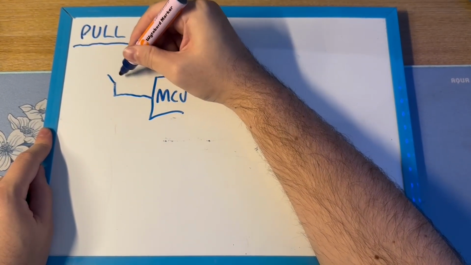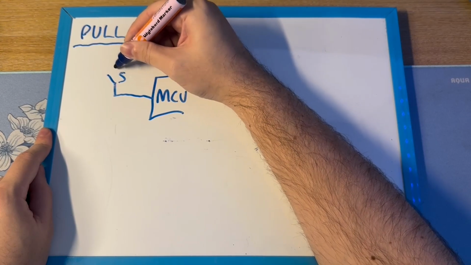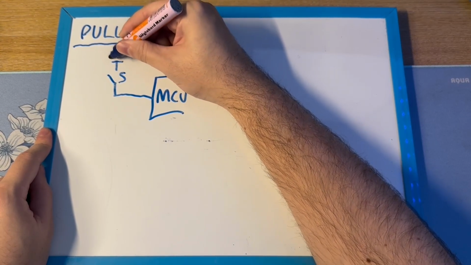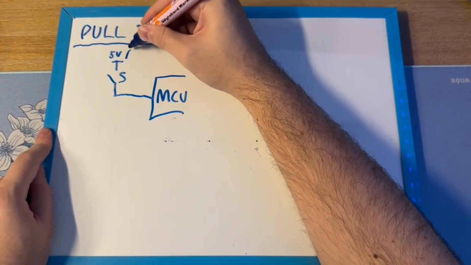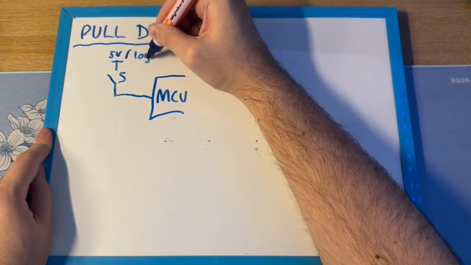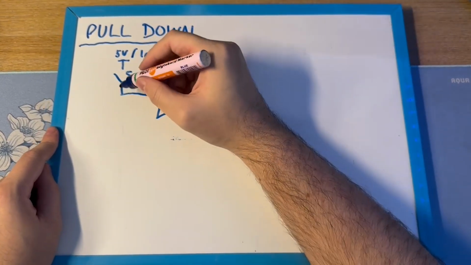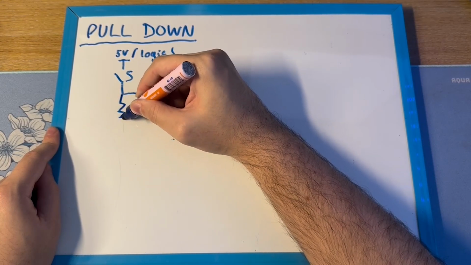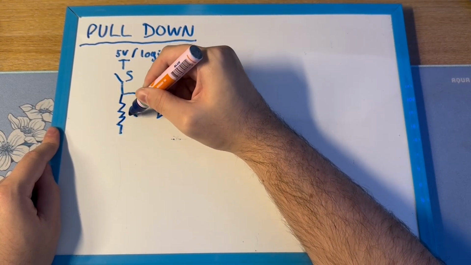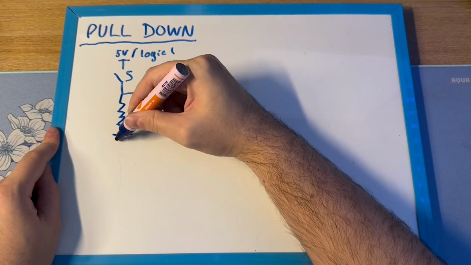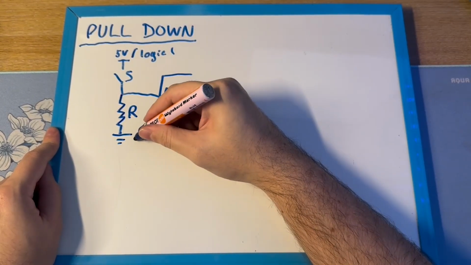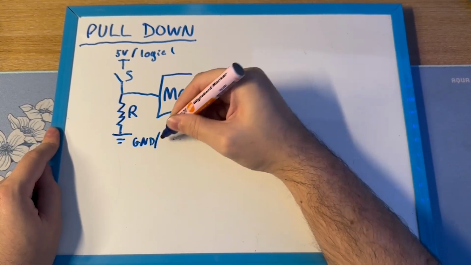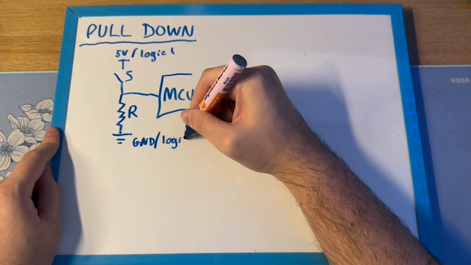We have a switch, let's call that S. We have a 5-volt signal here, or logic 1. Now we have a resistor, we'll call that R, and that connects to ground, or logic 0.